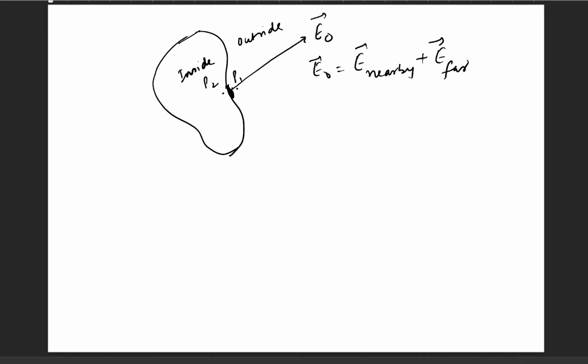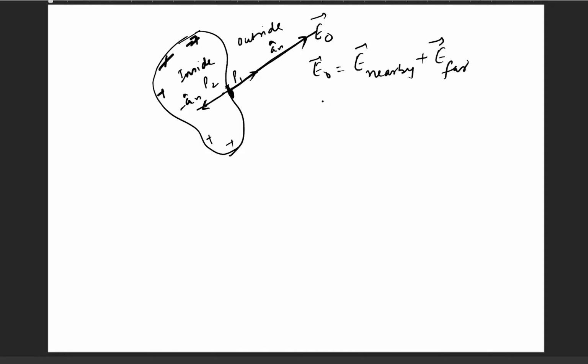So for point P1, the E near will be in the same direction as E naught, but for point P2, E near will change its direction and it will be in the opposite direction, that is minus a N. If this direction is a N, this direction will be minus a N. However, for the faraway charges, the direction is not going to change even for P2 as well as P1, because for faraway charges there is not much difference between P1 and P2, because these are very close. So this E far is still going to be in a N direction.